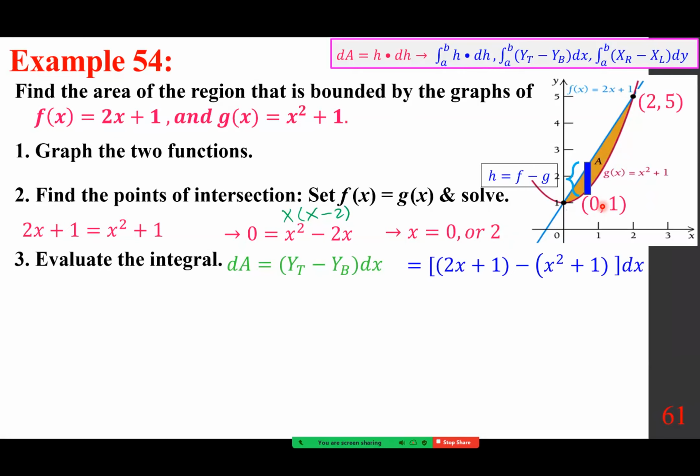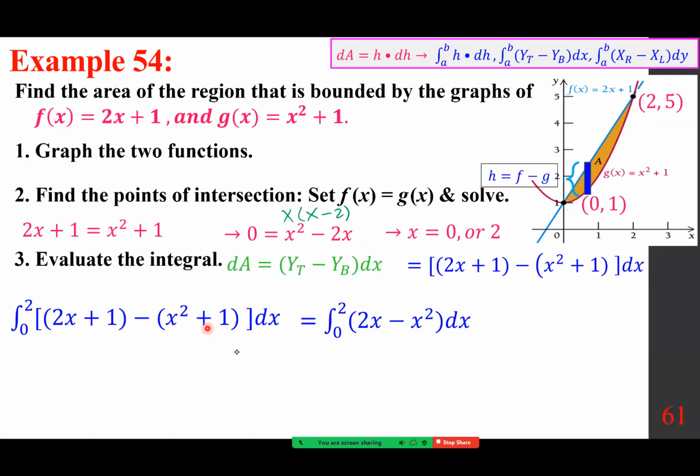And so integrate this, because you're dealing with x, you need the limits on the x coordinates, 0 to 2. Now it's a simple case of integration. So first of all, you rewrite this, because 1 and negative 1 cancel each other. So this is x squared, this is minus x cubed over 3.